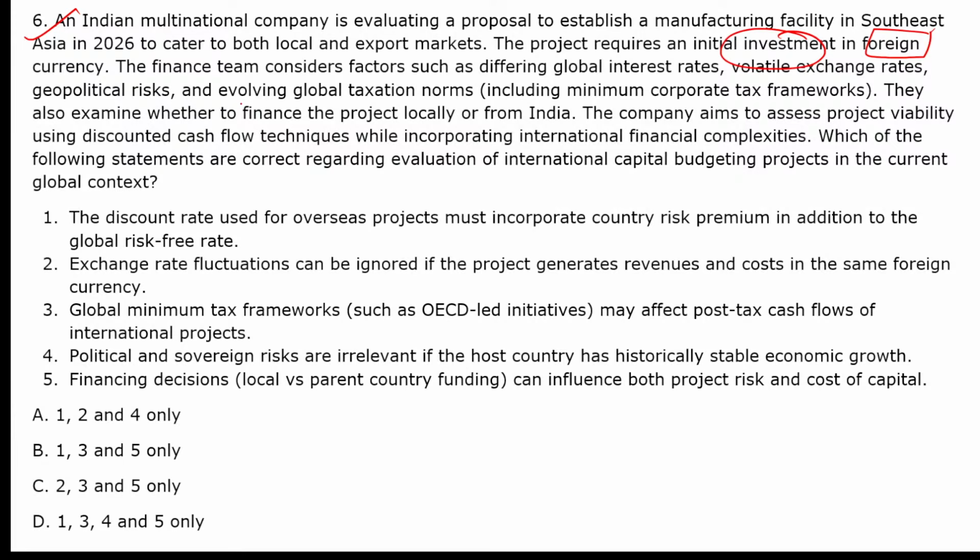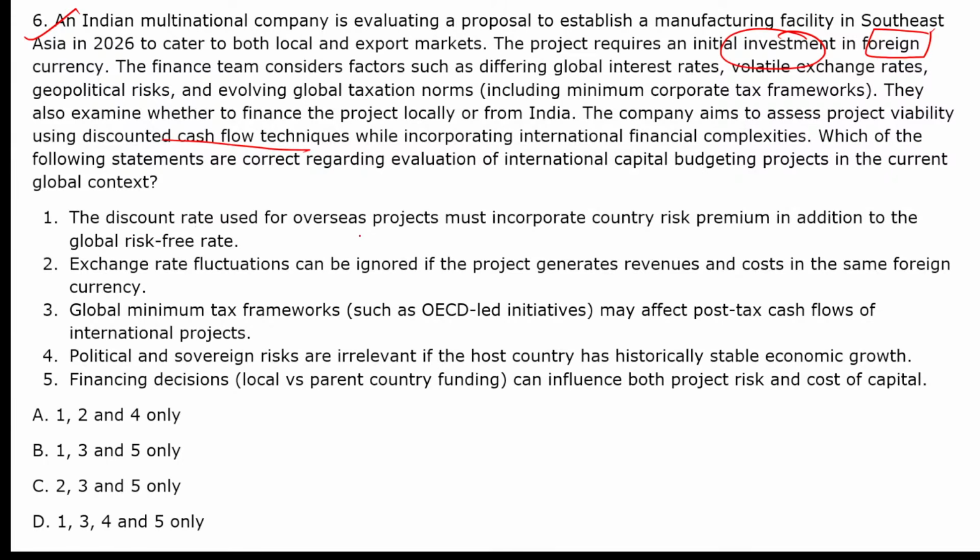The finance team considers factors such as differing global interest rates, volatile exchange rates, geopolitical risk, and evolving global taxation norms. They also examine whether to finance the project locally or from India. The company aims to assess project volatility using discounted cash flow techniques while incorporating international financial complexities. Which of the following statements are correct?